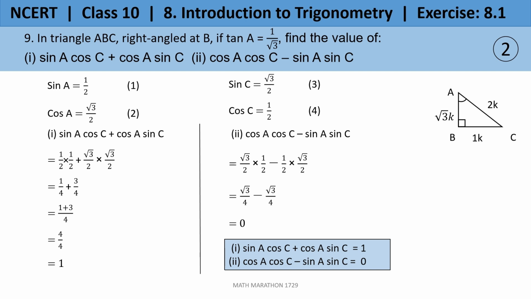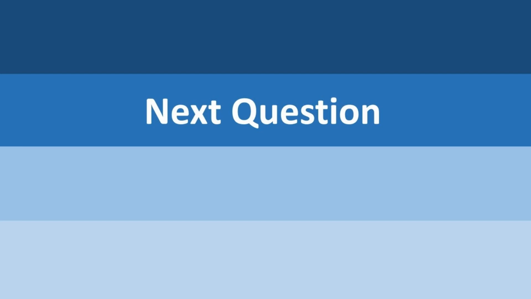So, section 1, sin A cos C plus cos A sin C is equal to 1. And section 2, cos A cos C minus sin A sin C is equal to 0. Let us see the next question.